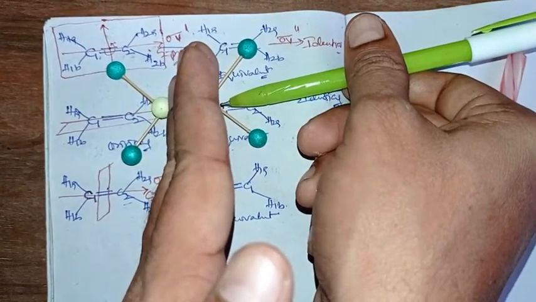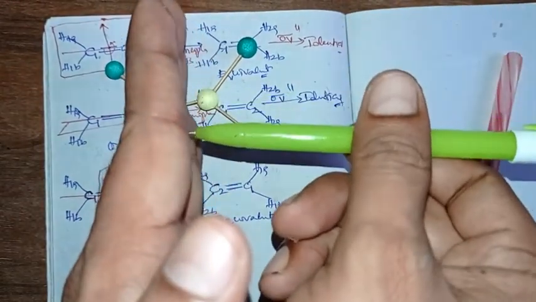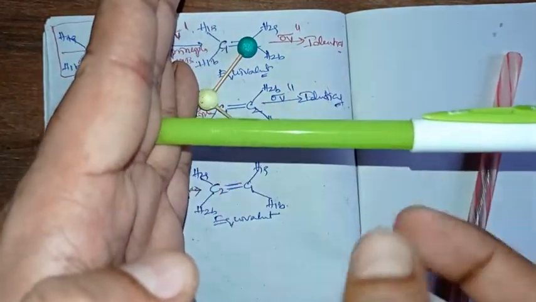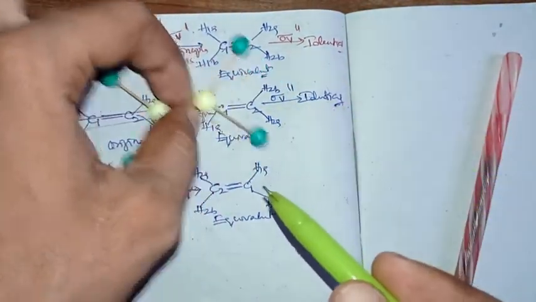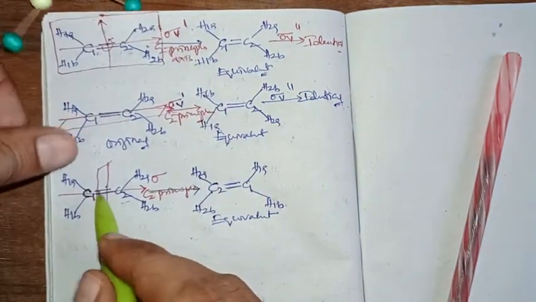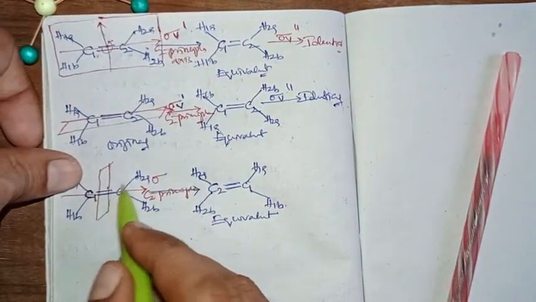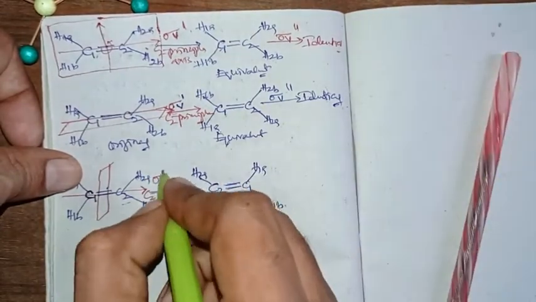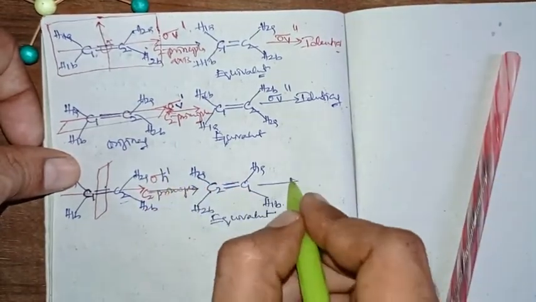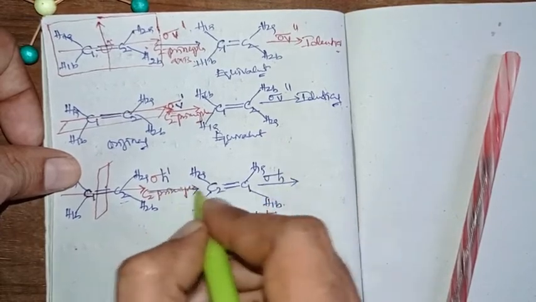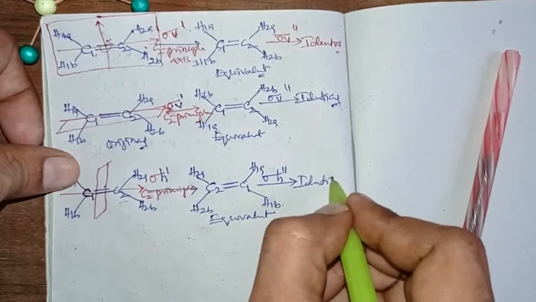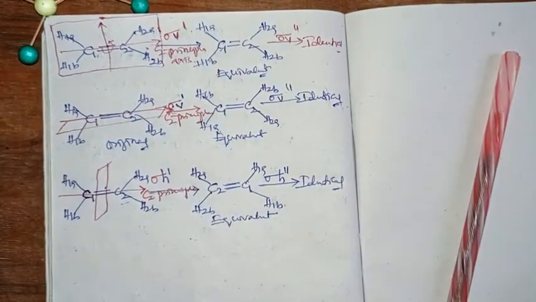So when we see the angle between this axis and the plane, it is a 90 degrees angle. The plane and principal axis are perpendicular to each other. So the plane should be a horizontal plane. One time it gives an equivalent configuration, and if you do it a second time, it generates an identical configuration.